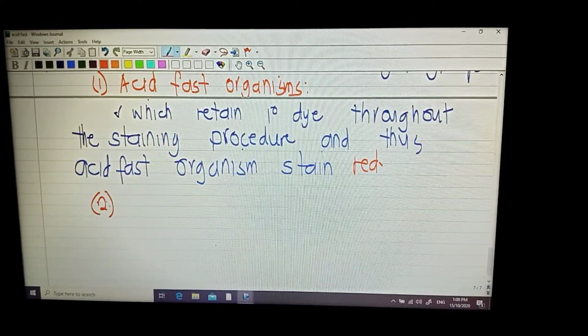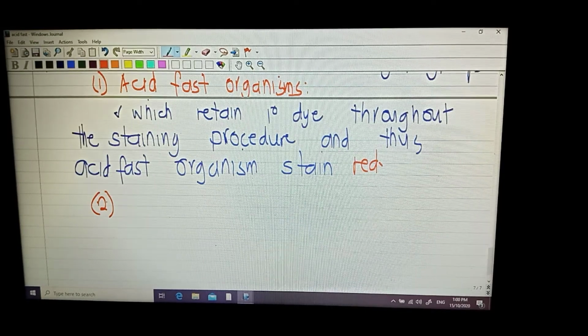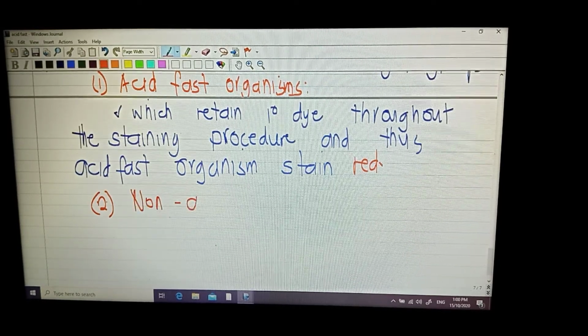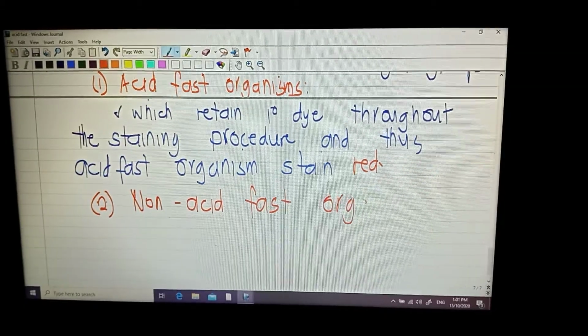How about the other major group of bacteria? Your non-acid-fast organisms.